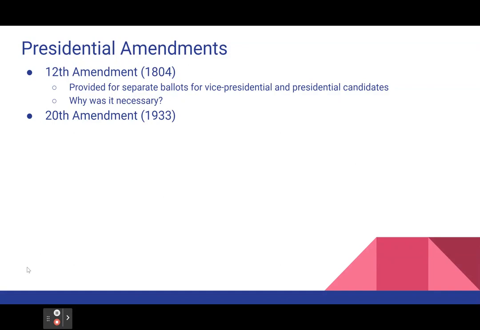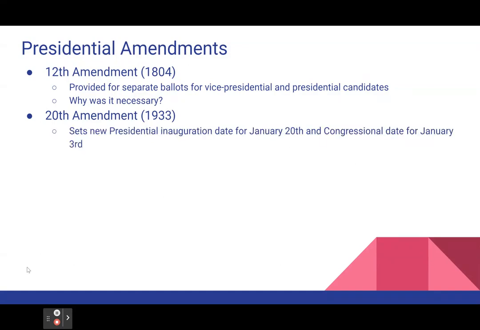The 20th Amendment of 1933 is known as the lame duck amendment. The lame duck amendment is called that because it creates a new inauguration date. Here's why. Originally, presidents were always elected in November, but they did not become president until March.